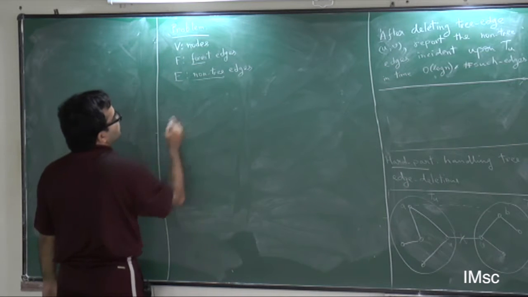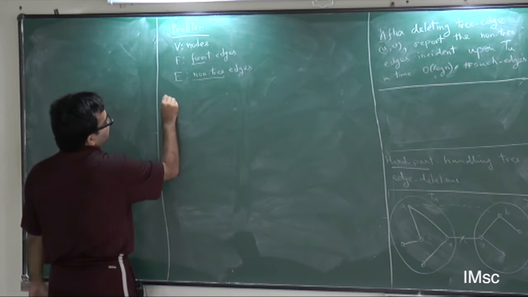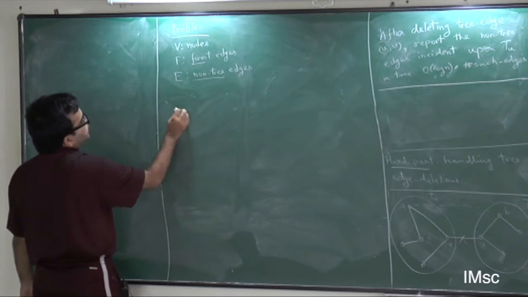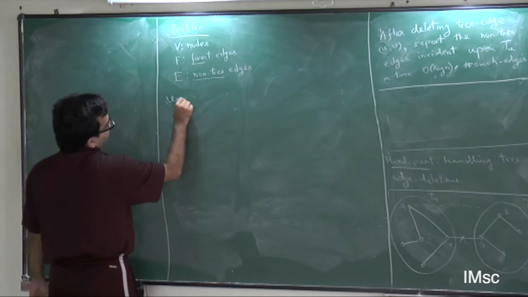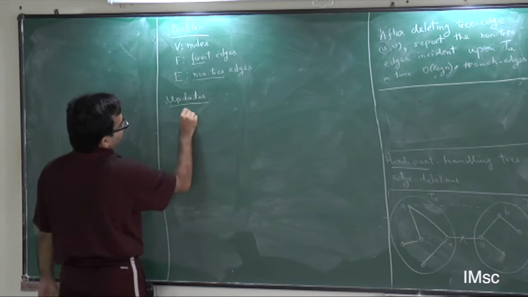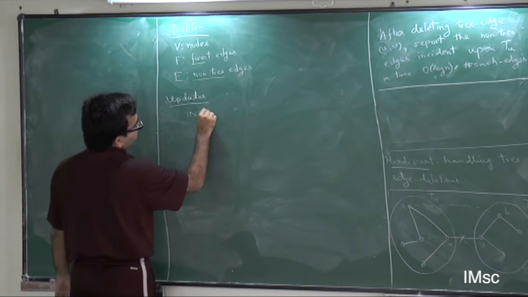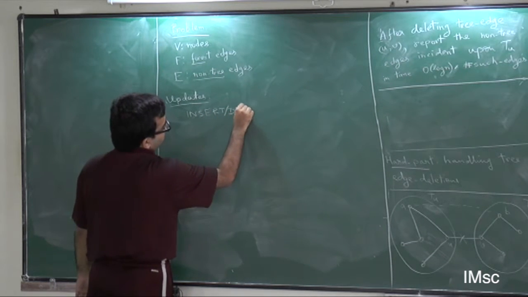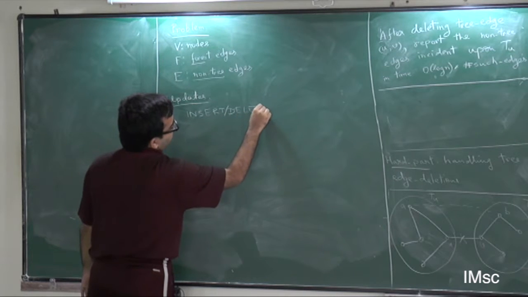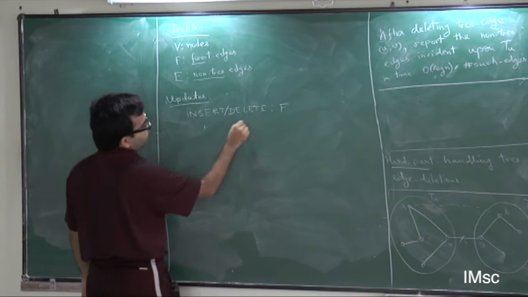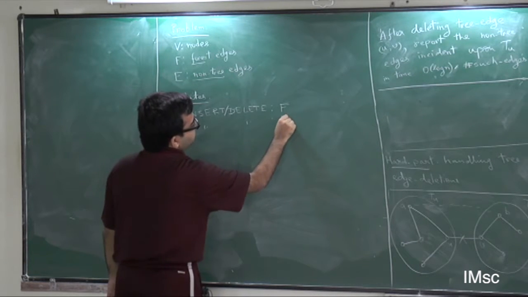And now, the update operations are: you insert or delete an edge from F, or you insert or delete an edge from E.